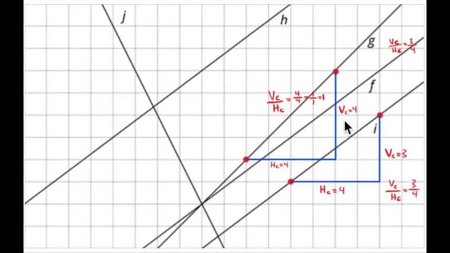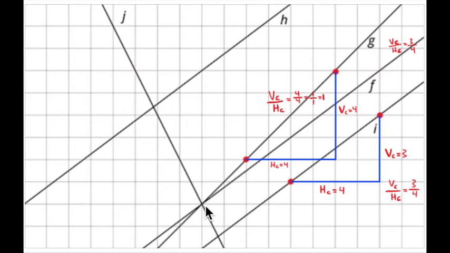Now if you test line G, if you figure out the slope for line G, you get a slope of 1, or 4 units in the horizontal direction and 4 units in the vertical direction. So that does not match.